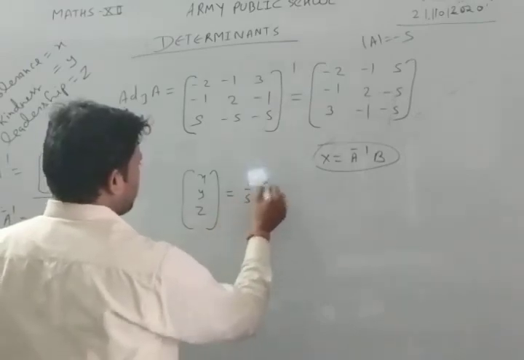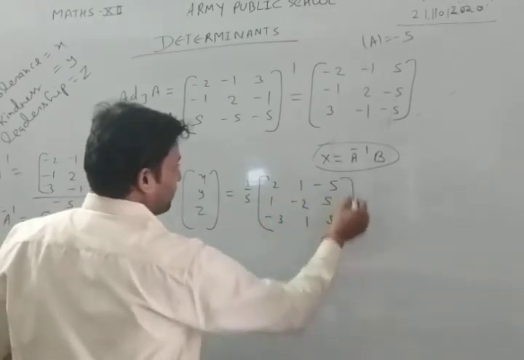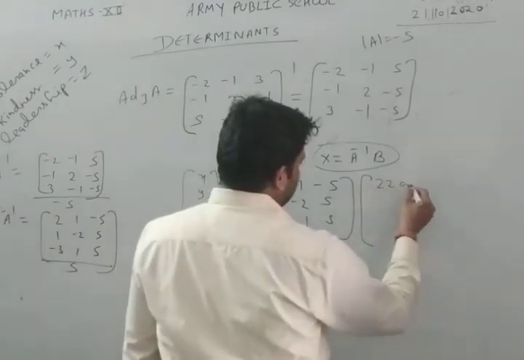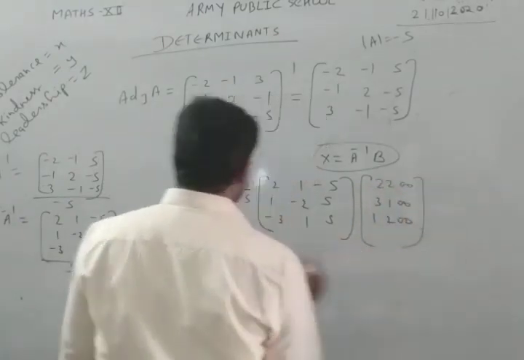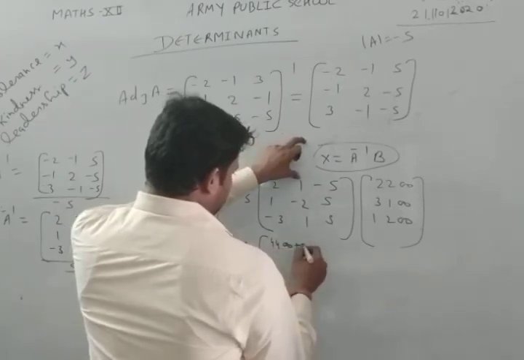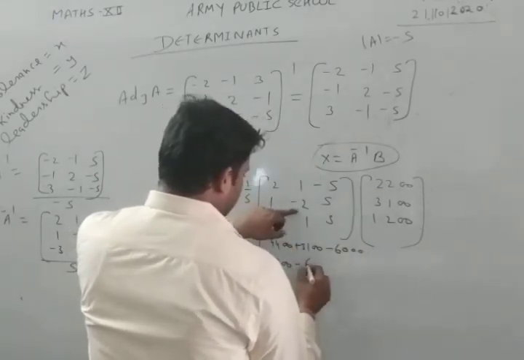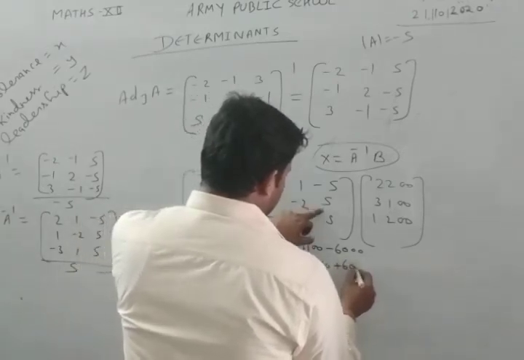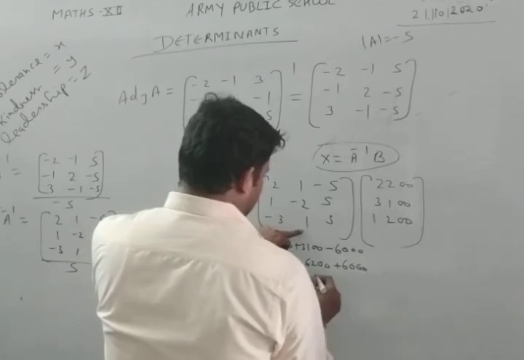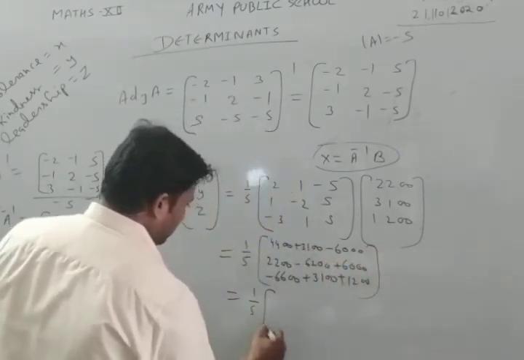A inverse is 1 by 5 times the matrix 2, 1, -5, 1, -2, 5, -3, 1, 5, and our B is 2200, 3100, 1200. Now multiplying this, the first row will be 4400 plus 3100 minus 6000, the second is 2200 minus 6200 plus 6000, and the third is minus 6600 plus 3100 plus 1200.